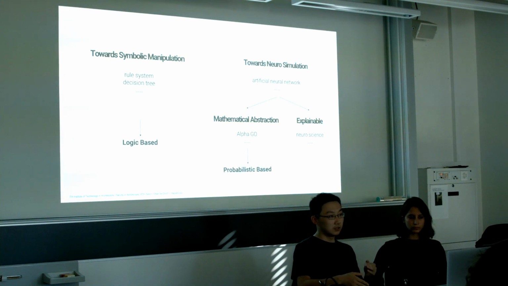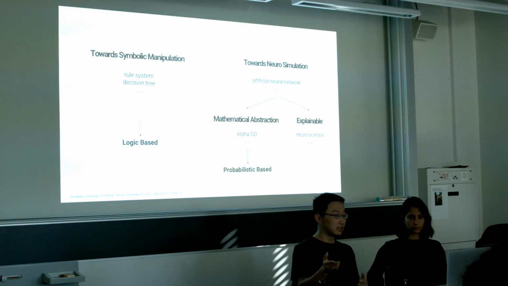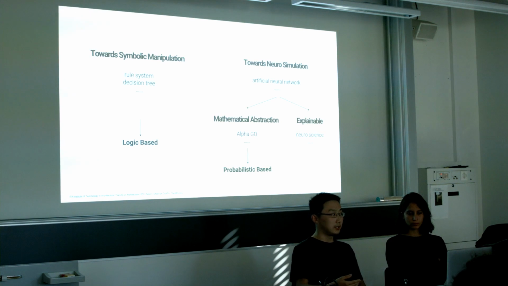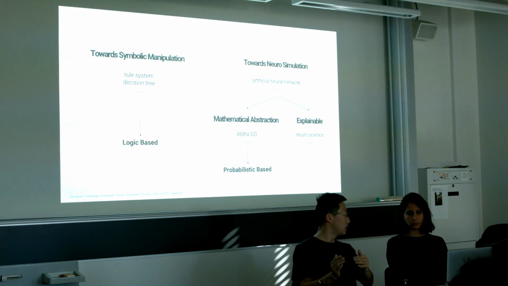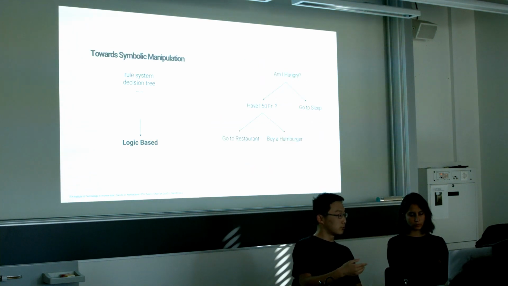Also, the development of computer science introduced more algorithms, for example, the gradient-based training algorithm that allows us to determine the values of millions of parameters. Then there was a shift from logic-based to probabilistic-based approaches. After that, the second branch got boosted and eventually became the AI that we see on the internet nowadays. So I will first quickly go through the first branch.